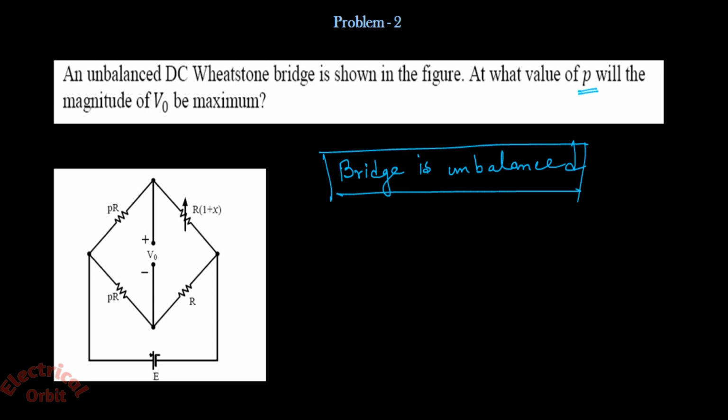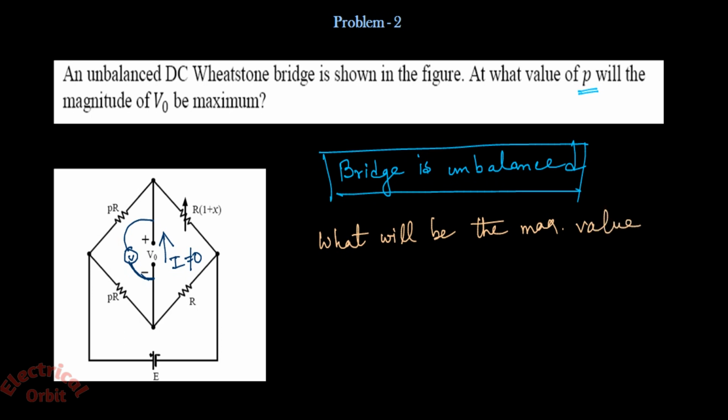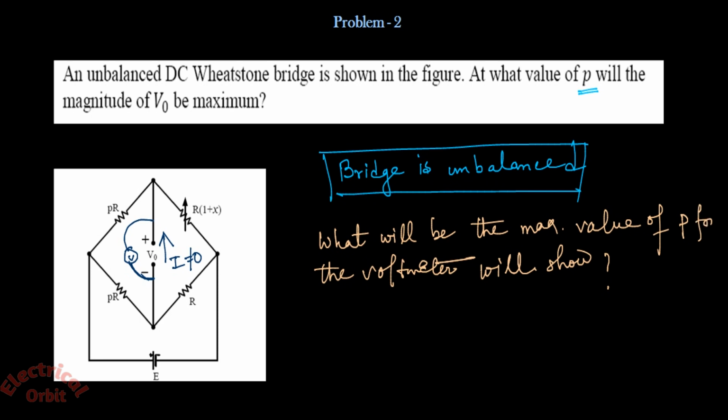That means the value of current in this branch has some value. It is not equal to 0. Clear? So if we put a voltmeter across this branch, then what will be the maximum value the voltmeter will show, and what will be the value of P for that?